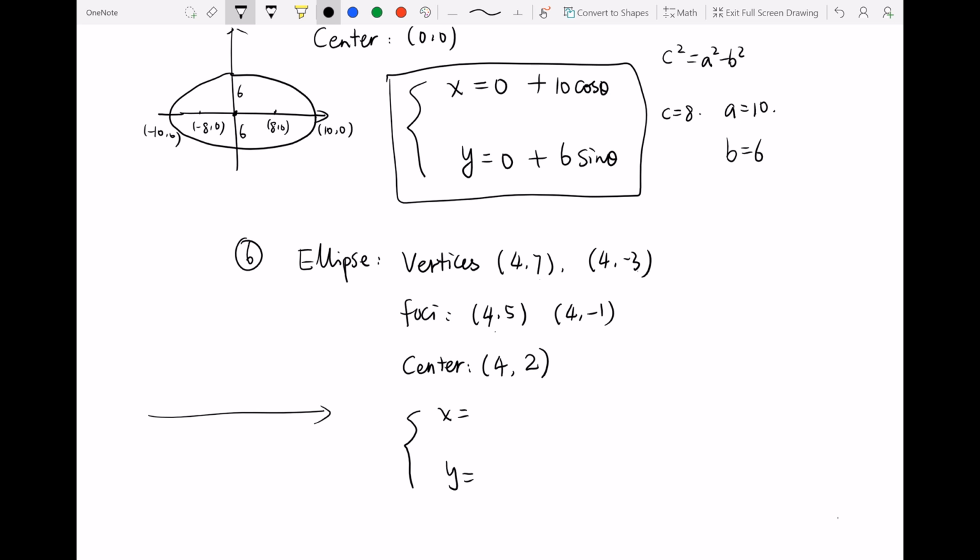Okay, so you put the center at 4, 2. Center is 4, 1, 2, 3, 4, and 4, 2 is starting from this point.